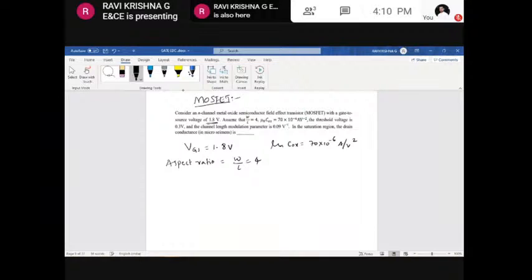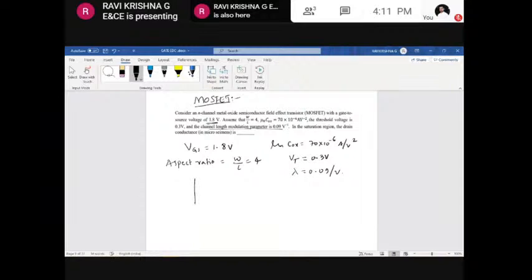The threshold voltage of the device is 0.3 volts. One more parameter is given, the channel length modulation parameter lambda, which is 0.09 per volt.